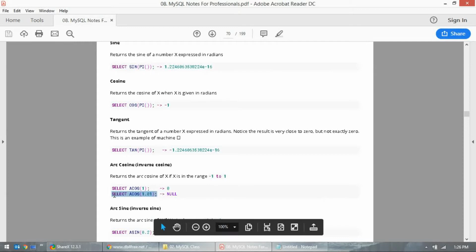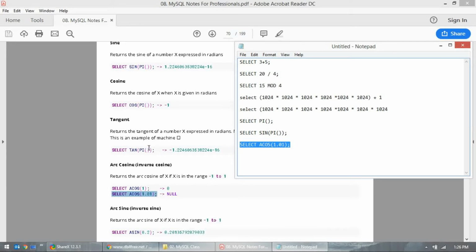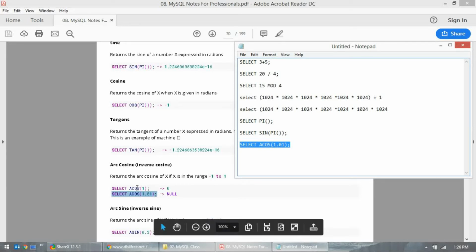We will try this one. You give null. You have to use ACOS for cosine. No, it's inverse cosine. You can use sine, you can use cosine, you can use tangent, TAN, and you can use arc cosine.